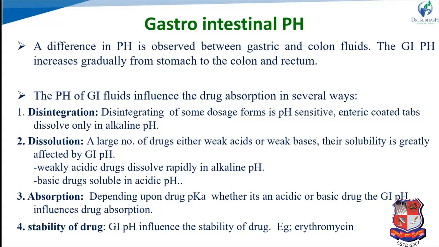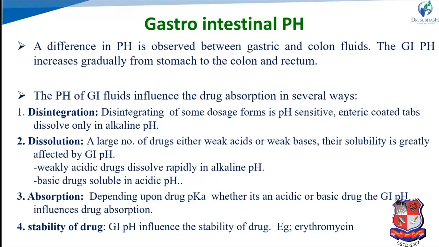In the absorption process, depending upon the drug pKa, the dissociation constant, ionization depends on pH. Whether it is an acidic or basic drug in the GI pH influences drug absorption. Throughout the GI tract, in the stomach or intestine, the drug undergoes ionization, which also affects absorption, because unionized drugs are absorbed at a faster rate as compared to ionized drugs.